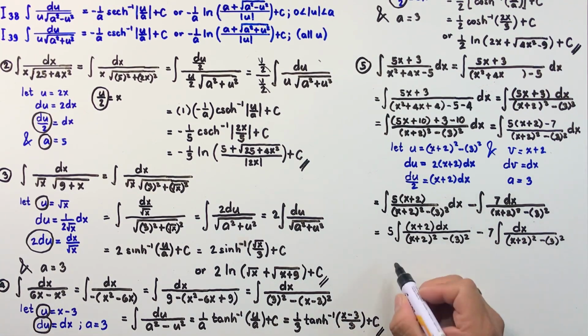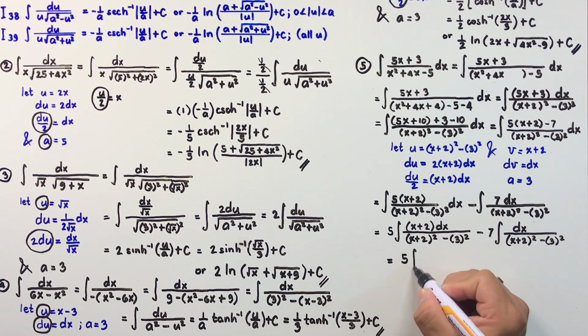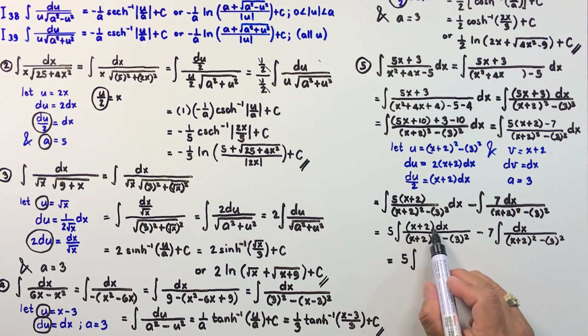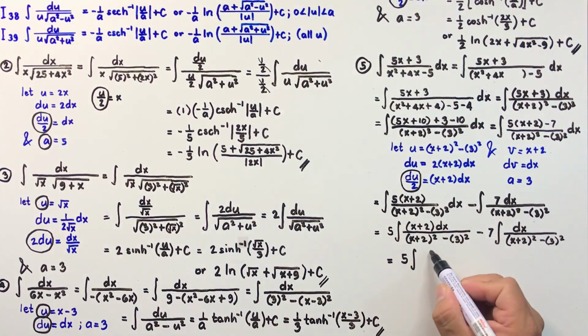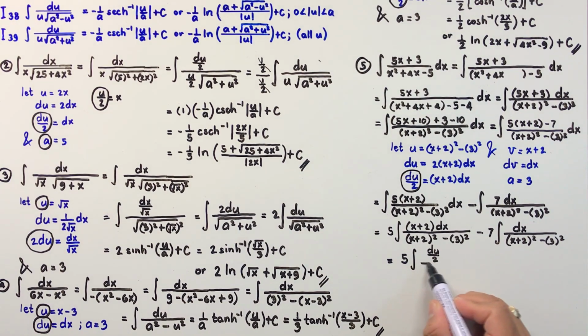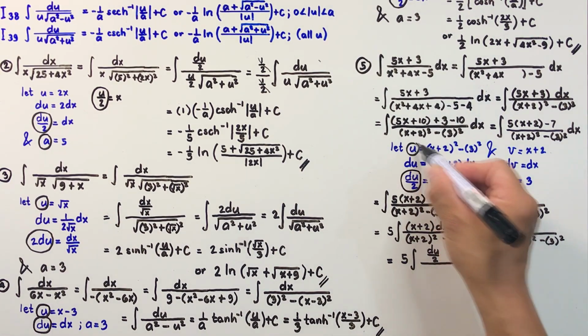So by substitution, we have 5 times the integral of x plus 2 dx, which is this one here. So this is du over 2, and this is divided by this one, which is our u here.